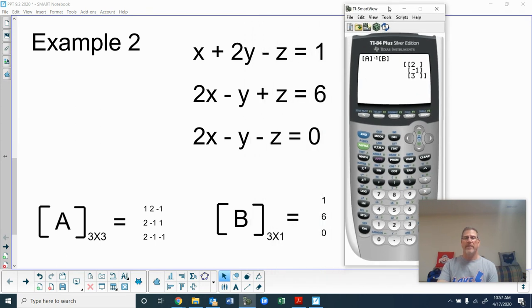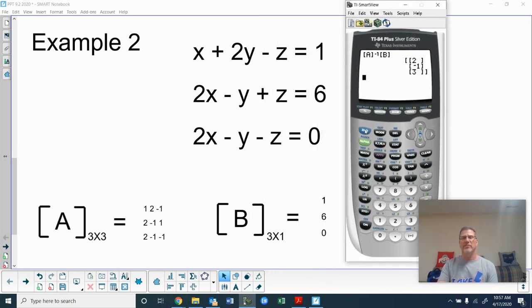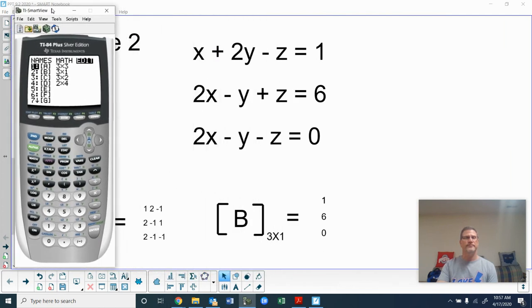Okay, so I'm going to do that. So I have to go second matrix, left arrow for edit. I'm going to have to move it over here and hit enter. And it gives me a 3 by 3 again. And I just hit enter twice and I'll get to the top row. So it's 1, which I already got. So just hit enter.